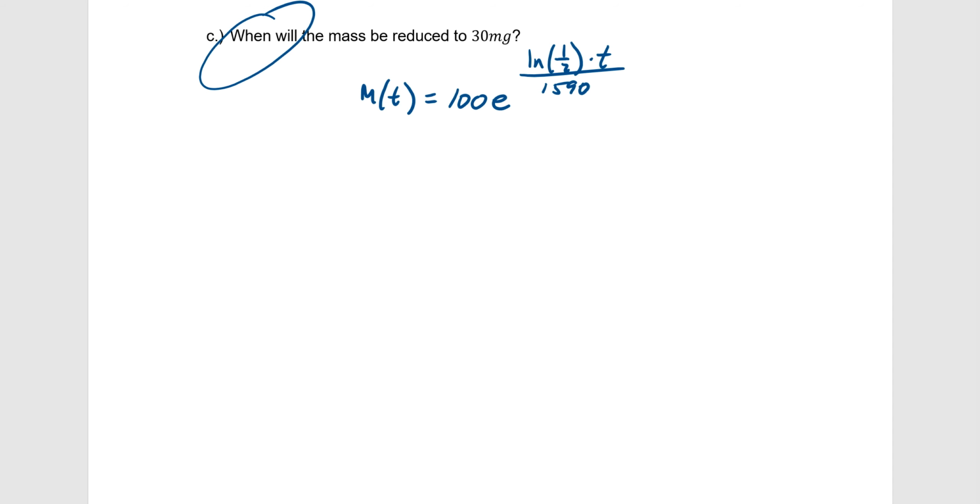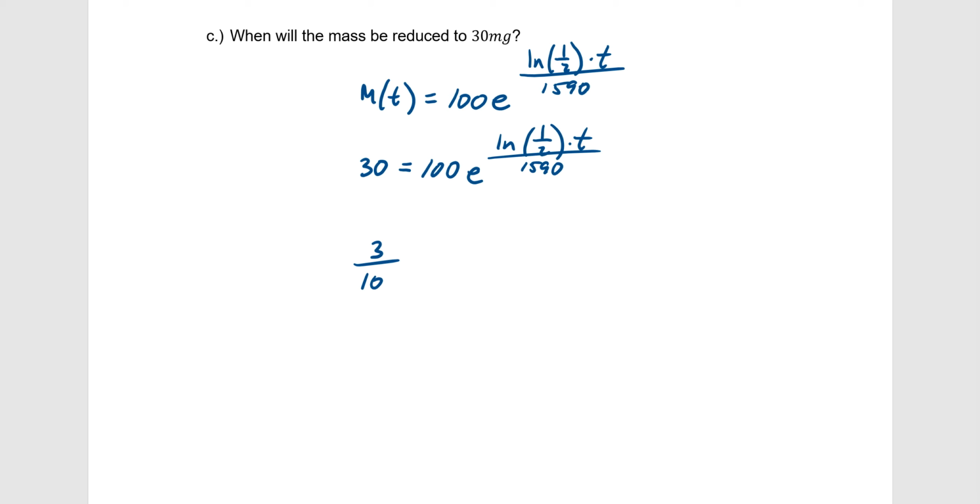So what we're going to do is plug in 30 into m, and then we have to solve this for t. So we have to divide both sides by 100. 30 divided by 100, I'm going to simplify that to 3 over 10, just to make the numbers a little smaller. e to the ln of 1/2 times t over 1590.